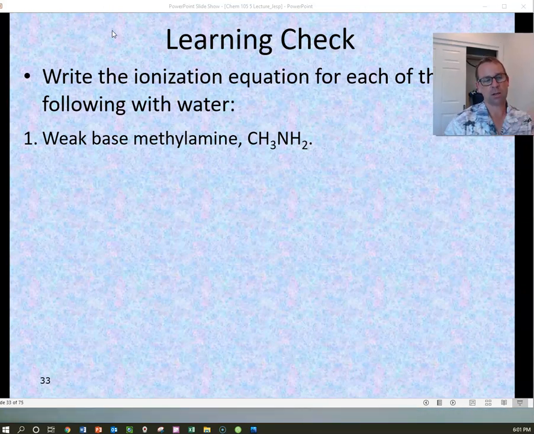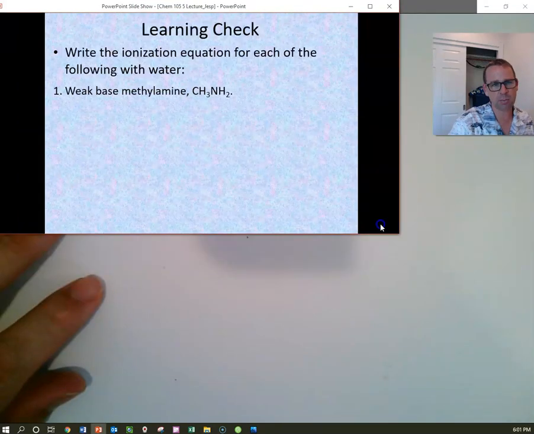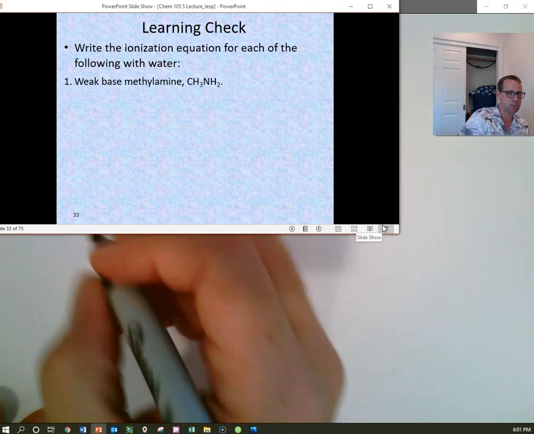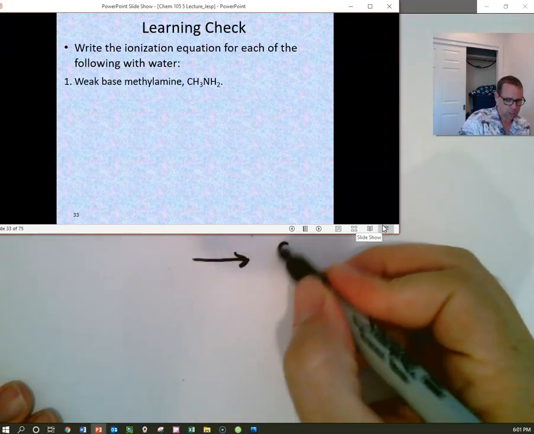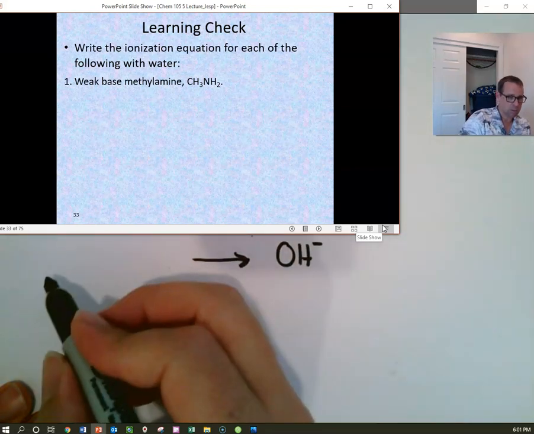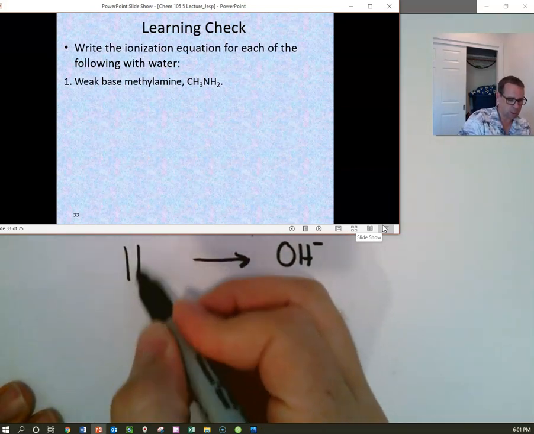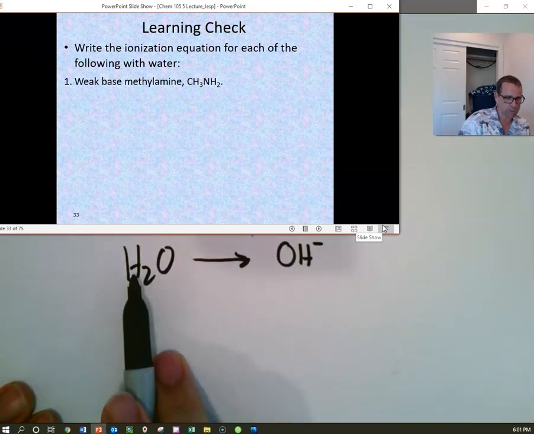This weak base here, methylamine, we have to know how it dissociates when it's placed in water. We said that strong bases dissociate completely and hydroxide is formed, but a weak base produces hydroxide by interacting with the water molecule and pulling off the hydrogen.